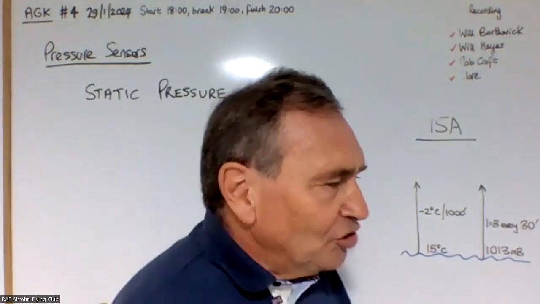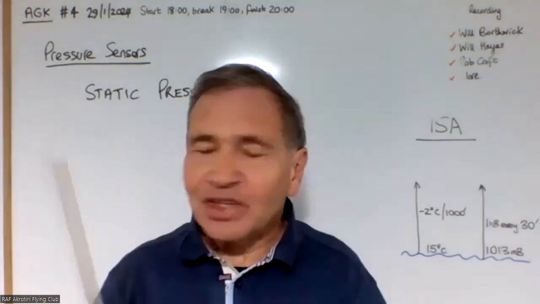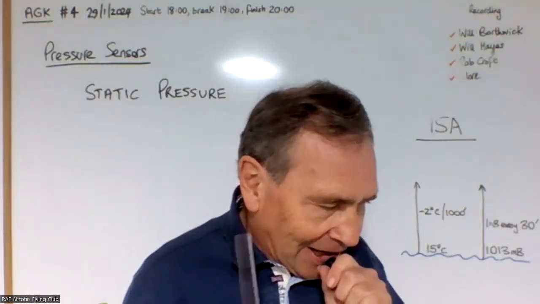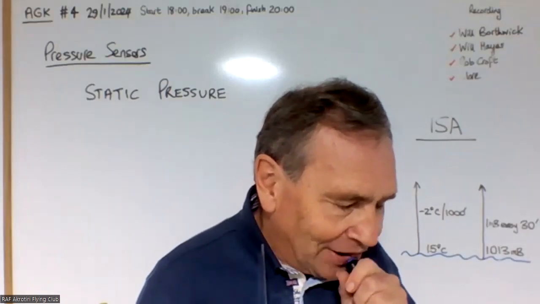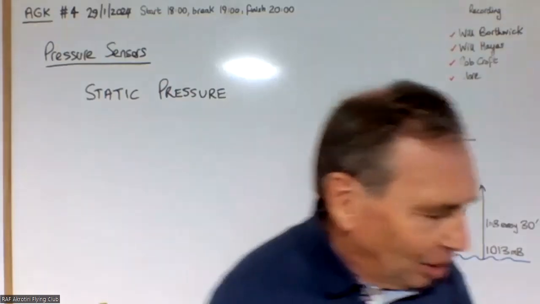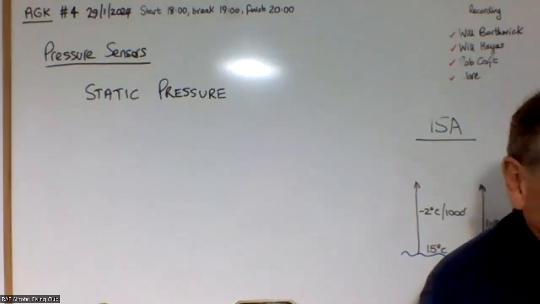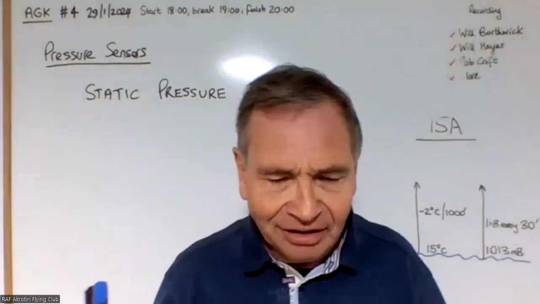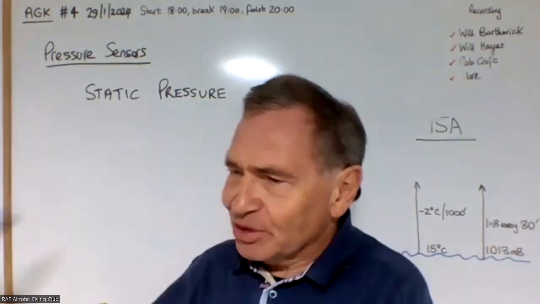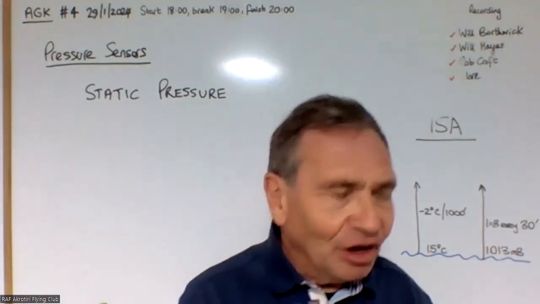So we've got to measure this outside air pressure. But Claire was kind of on the right rails. How do you measure the pressure that's outside of something when it's moving along?